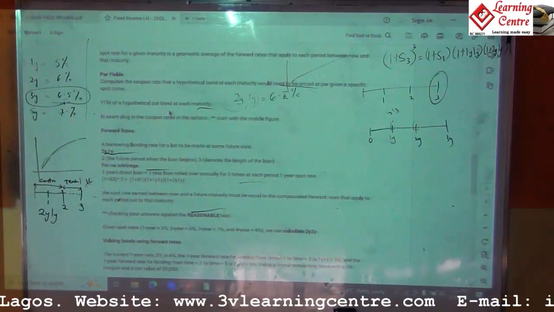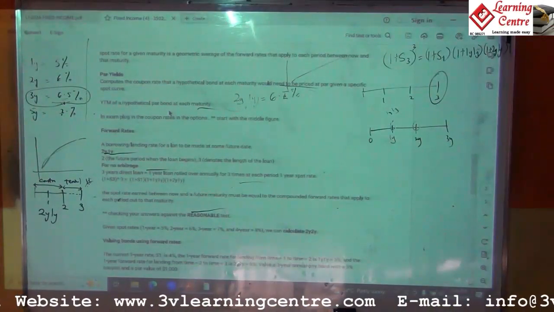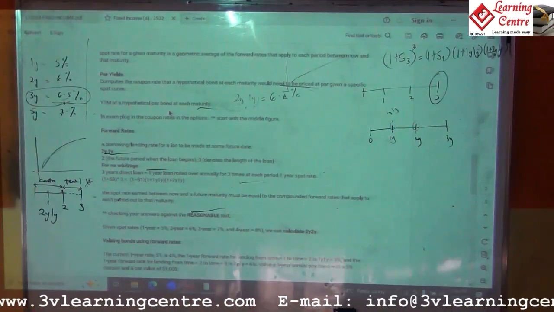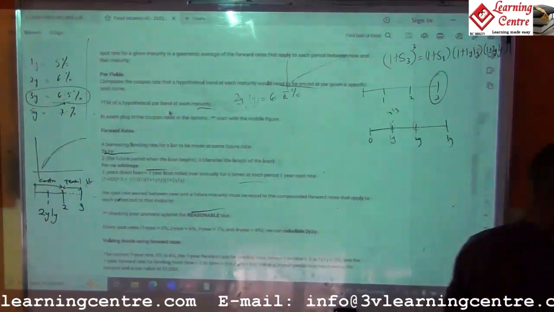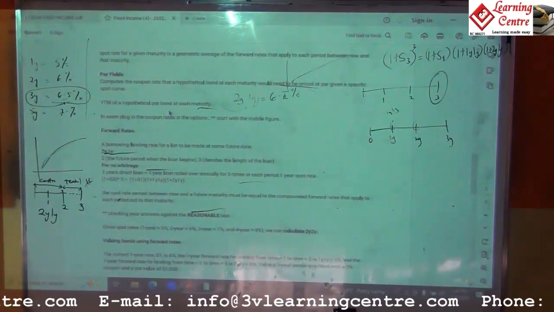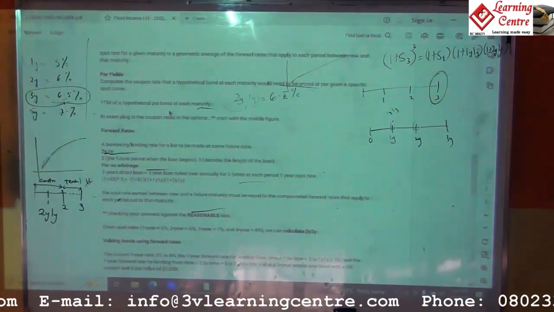Then what rate will you get in the market? I charge 5.5% for the 1 year spot rate, 1 year time. That was what we keep, and I get a contract.